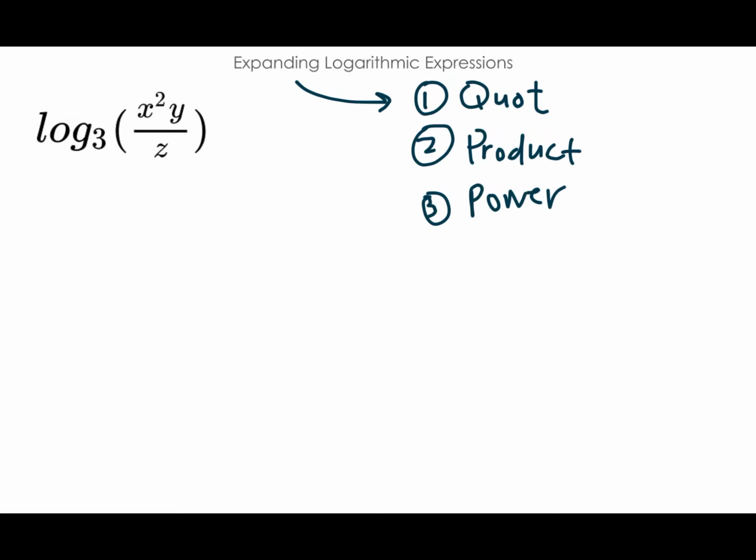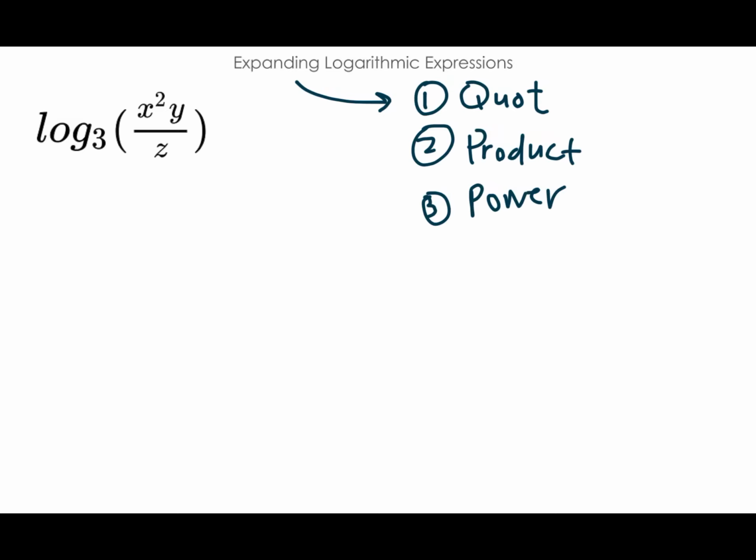And I'm going to show you these three steps with an easy example first, and then we'll apply it to something more difficult. So right here I've got log base 3 of x squared times y divided by z. So the first thing I do is I look and see if I can use the quotient rule. And to see if I can use the quotient rule, I need to see if there's any division present. And we clearly do have division here, right?